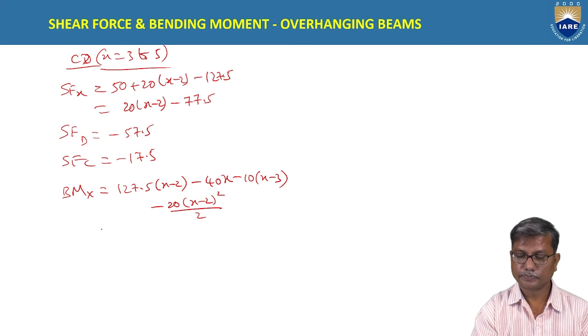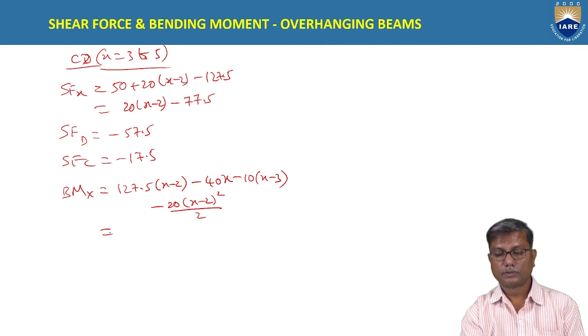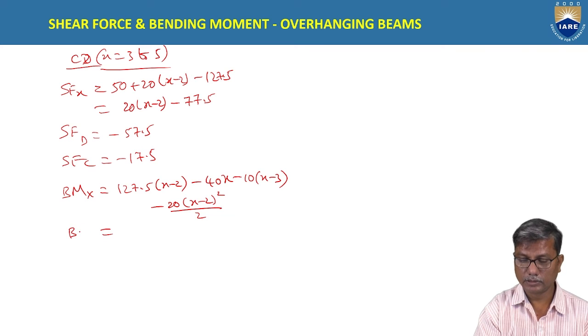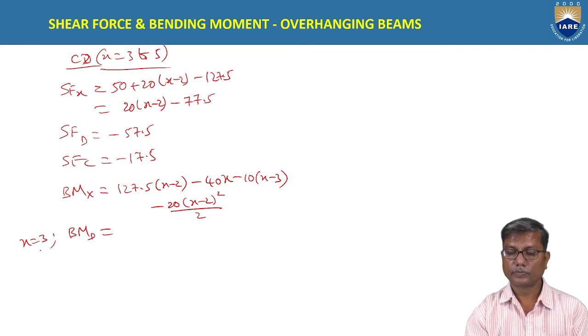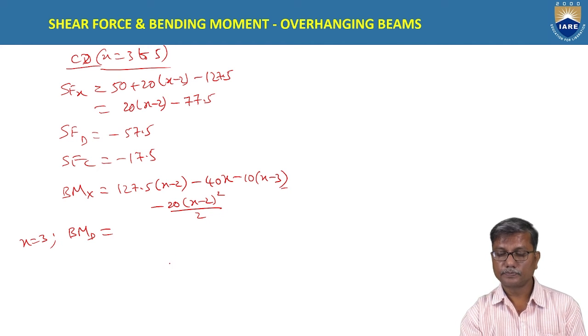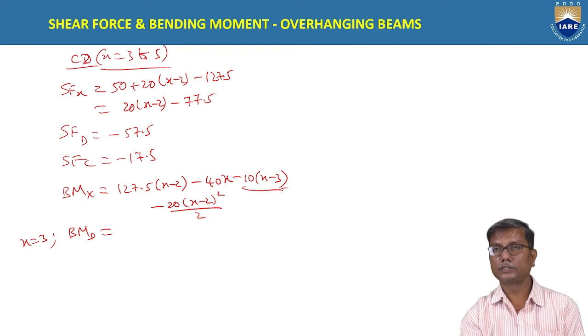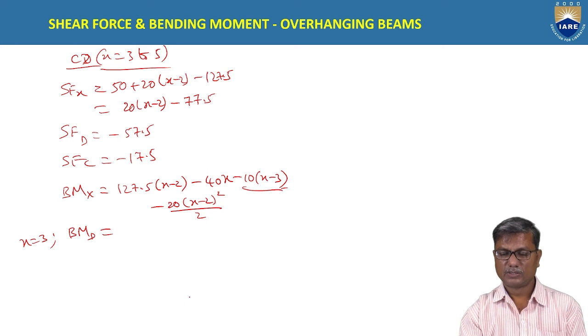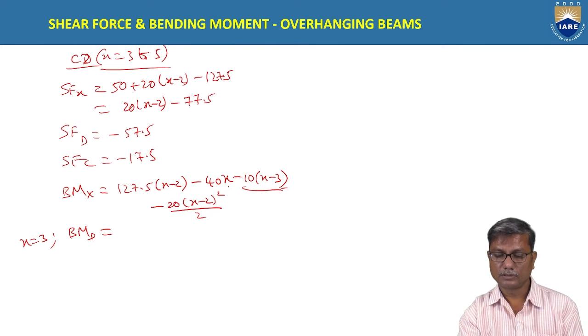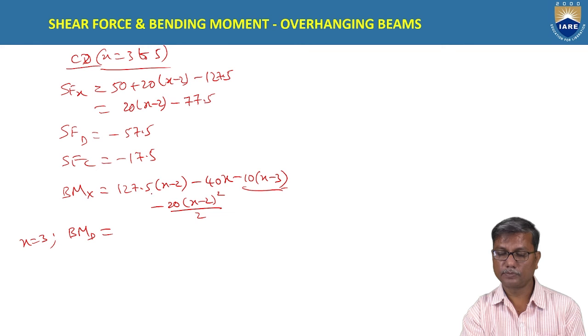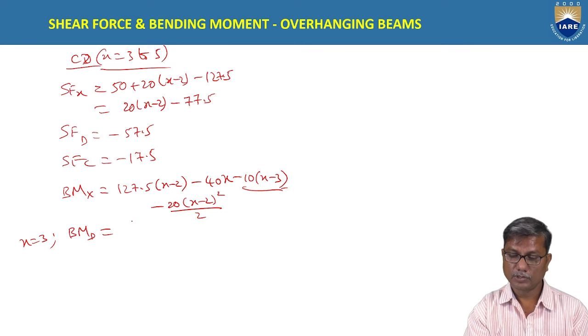Here bending moment at D, at x equal to 3, this term becomes 0. So we'll have 40 into 3, 120, 127.5, so minus 2.5 we'll have.